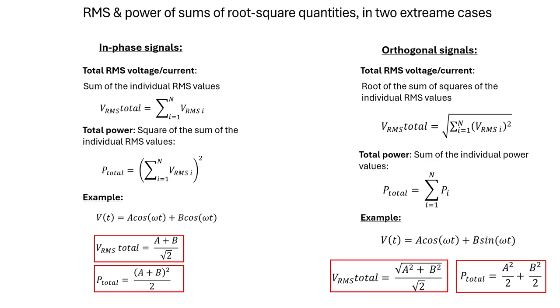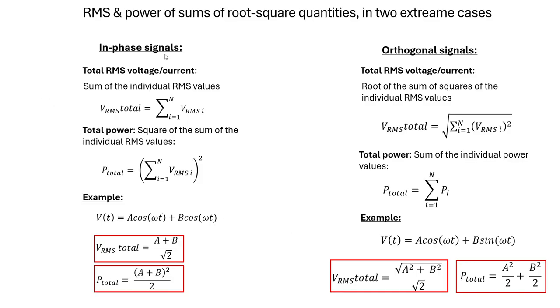Here we've got two extreme cases of sum of in-phase signals and orthogonal signals. In-phase signals are such as these two cosine signals which have the same phase, and orthogonal signals like these cosine and sine signals which have 90-degree shifted phase.